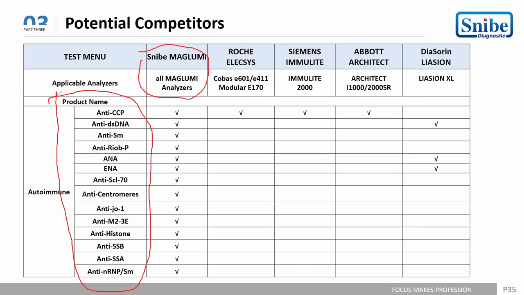While Roche, Siemens, Abbott, and Diasorin only have one autoimmune disorder test, the anti-CCP, and Diasorin has anti-double-stranded DNA, and the ANA and ENA profile belongs to Diasorin only. So we have a comprehensive menu in autoimmune disease. In real terms, we do not have any competitors in the market.